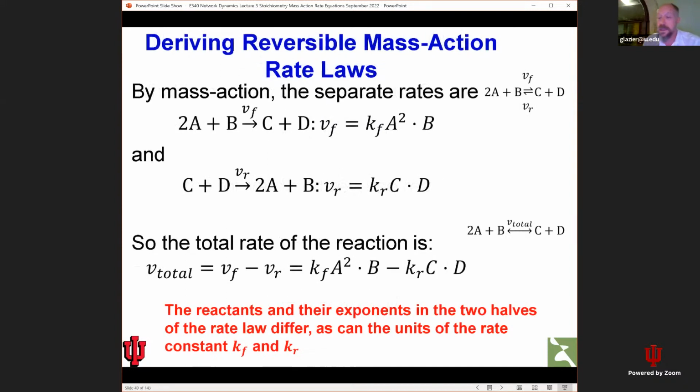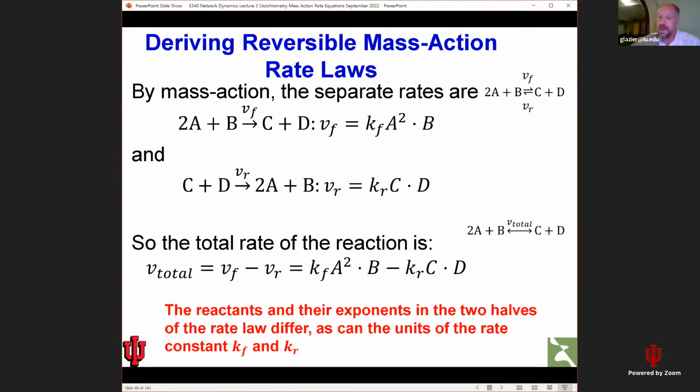Once I've done that, it's easy enough to write my rate laws. 2A plus B goes to C plus D with a velocity K forward times A squared times B. C plus D goes to 2A plus B with a velocity K reverse times C times D.